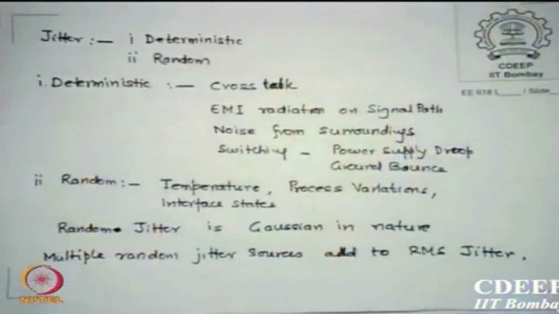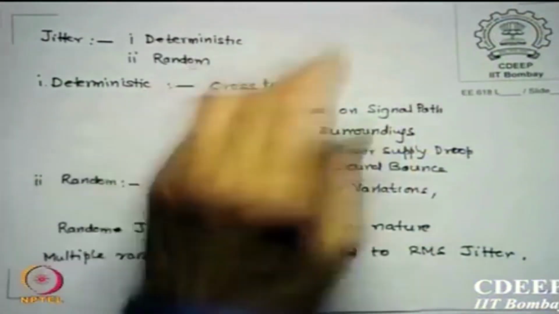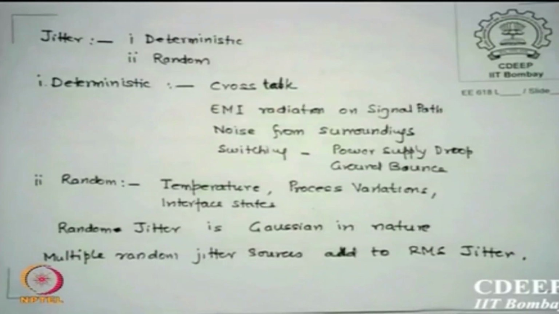So if there is EMI in the signal path, we get jitters. In the same way, even simple noise can be coupled between the two because of mutual couplings. So there will be noise surrounding, which may override the EMI radiations coming from outside. So they are similar but different sources.